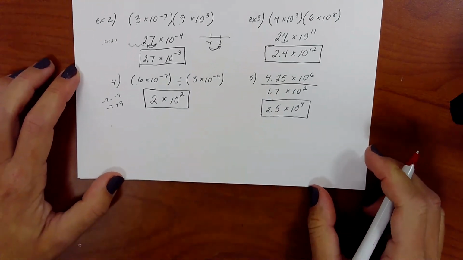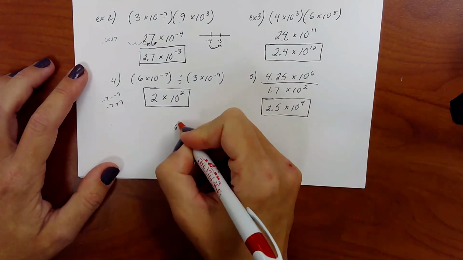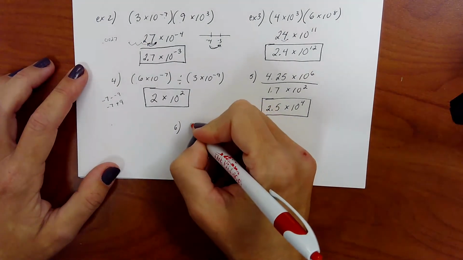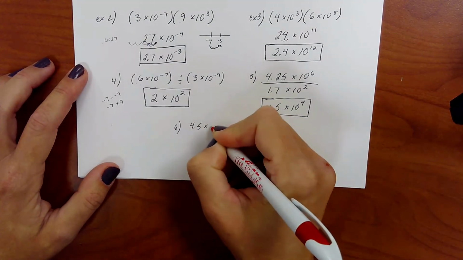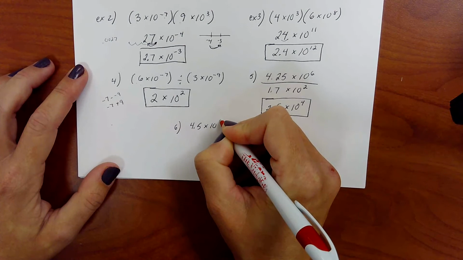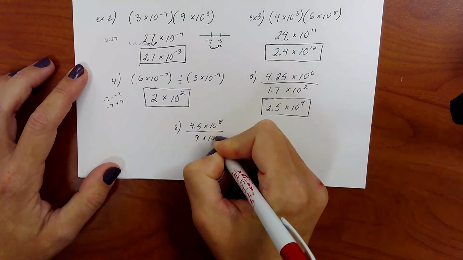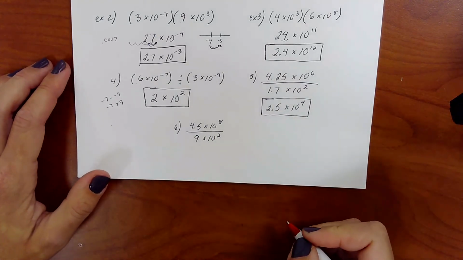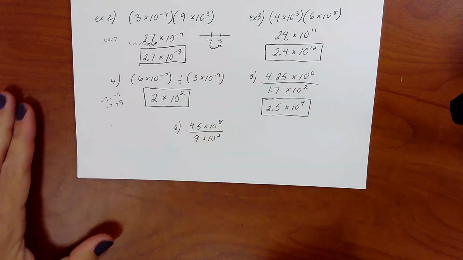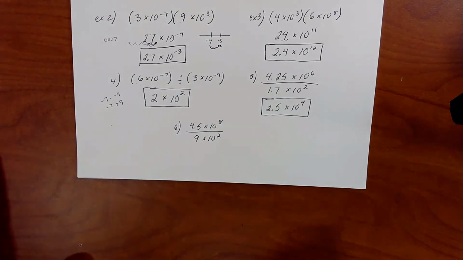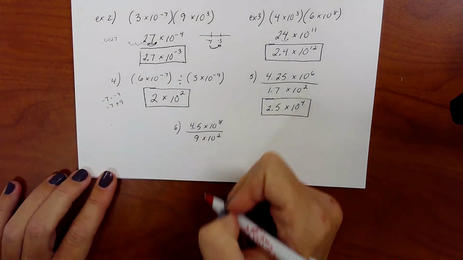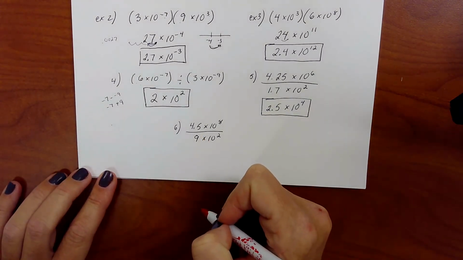Okay. And we'll do one more. How about 4.5 times 10 to the 8th over 9 times 10 to the second? Pause it, see if you can get it. Did you pause? Okay.